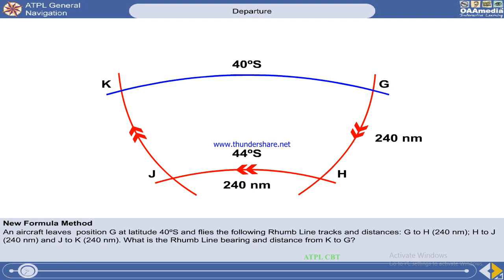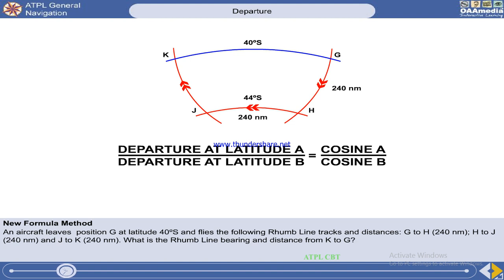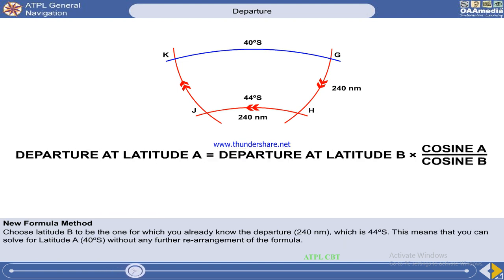Using the new formula, we start with the same diagram. The formula is departure at latitude A equals departure at latitude B times cosine A over cosine B. Let's rearrange it to make latitude A the subject of the equation.